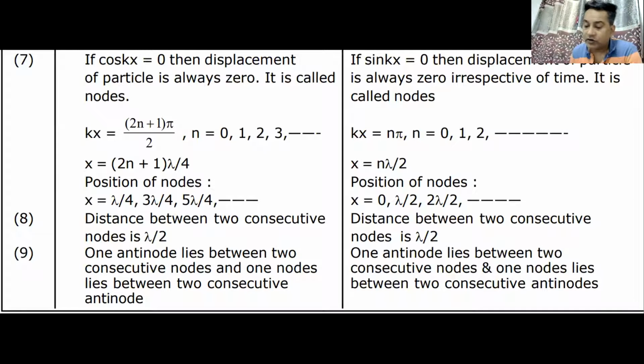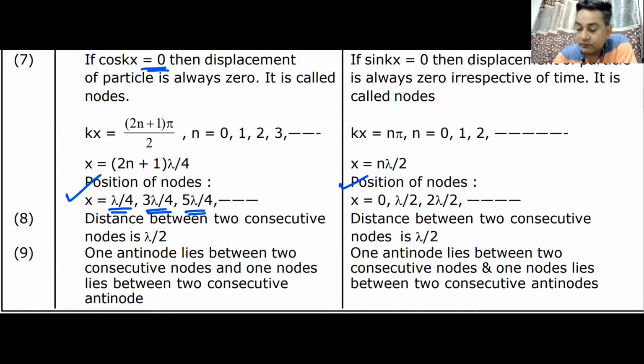We have done antinode, so we must do the opposite of antinode as well. The opposite of antinode is a node, and what is the node? Node is the position where the displacement is 0, yes or no? So, in case of the left hand side equation, the position of node becomes lambda by 4, 3 lambda by 4, 5 lambda by 4.